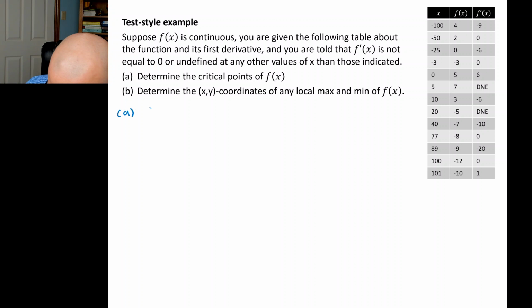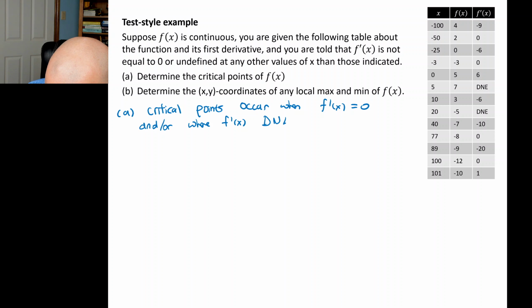Part A, critical points occur when f prime of x equals 0 or where f prime of x does not exist, and in the domain of f of x.